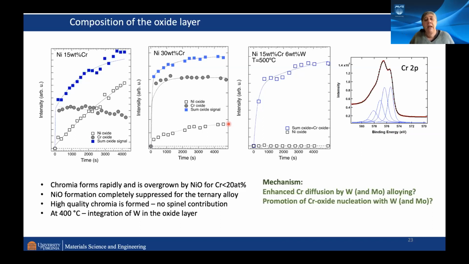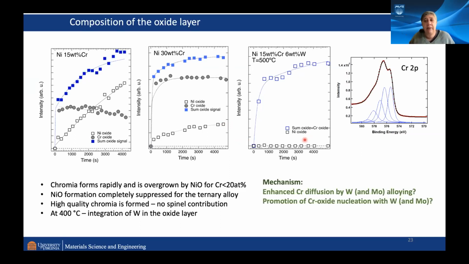you still have nickel oxide hanging out there. The really weird thing happens under the same oxidation conditions if you use a ternary. If you use a ternary, you only have chromia. At 500 Celsius, you only have chromia. No nickel oxide will be formed in this particular oxide.